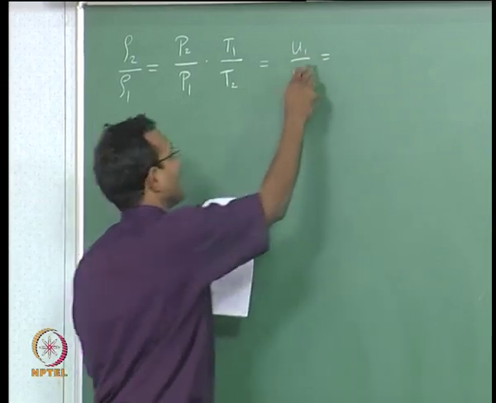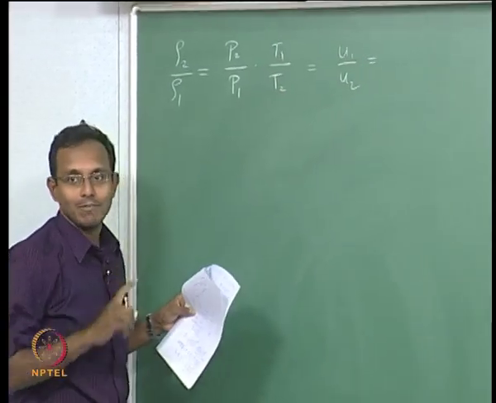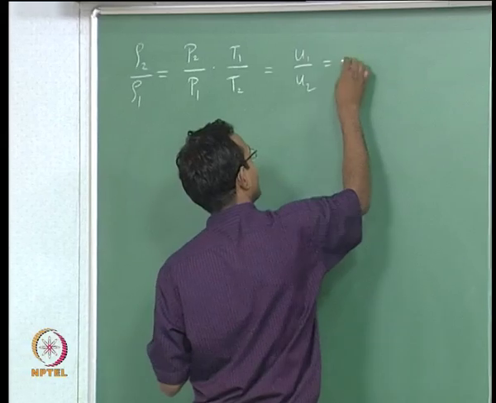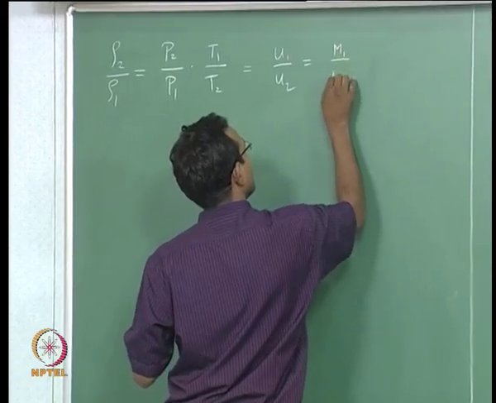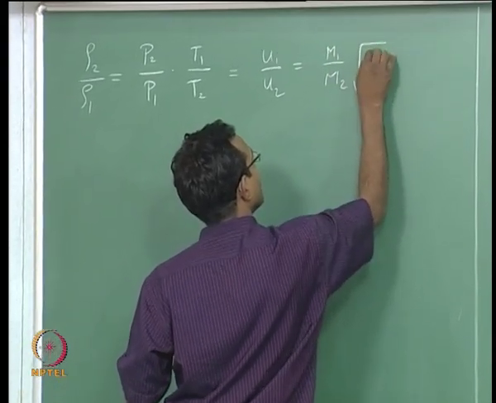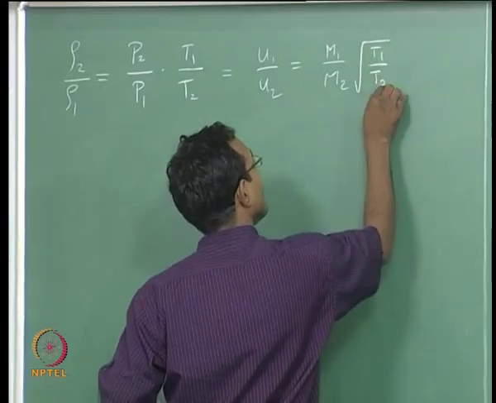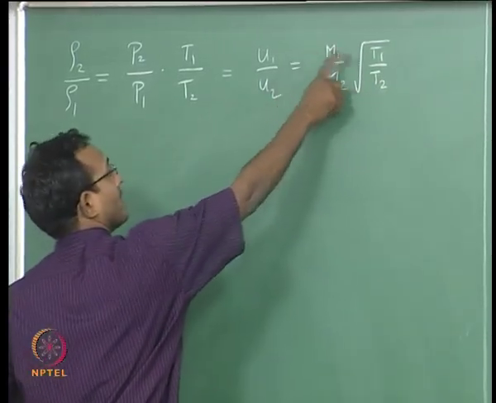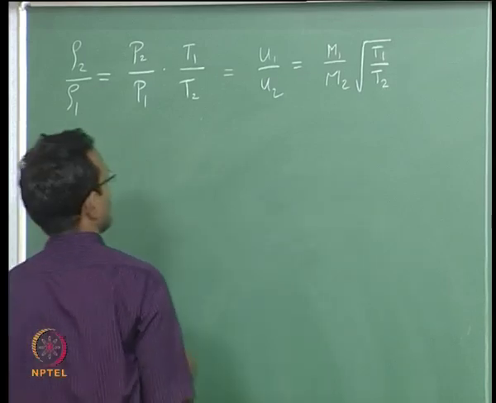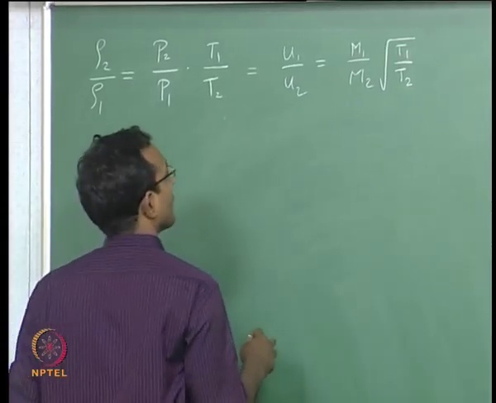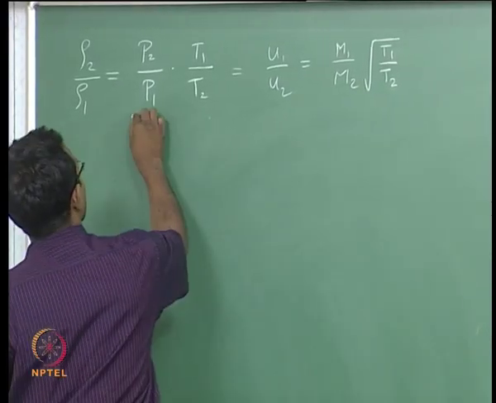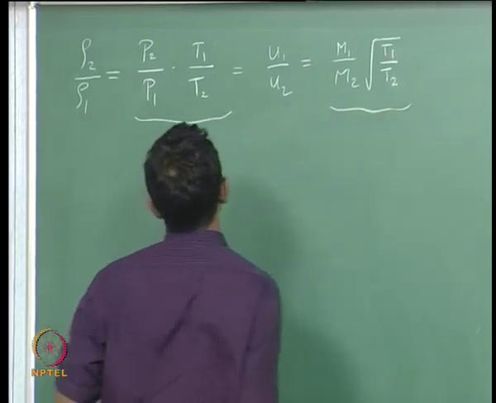Now, this can be written in terms of T2 and T1 and M1 and M2. I will just write this as M1 by M2 square root of T1 by T2. Mach number times the speed of sound is your velocity. Okay. So, now I look at this expression and this expression.